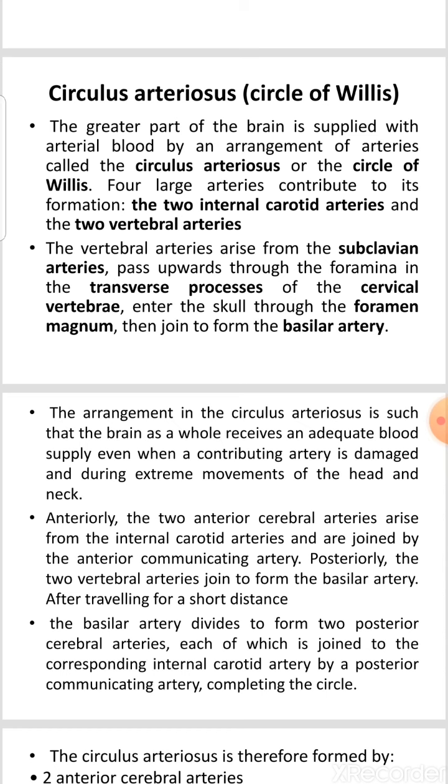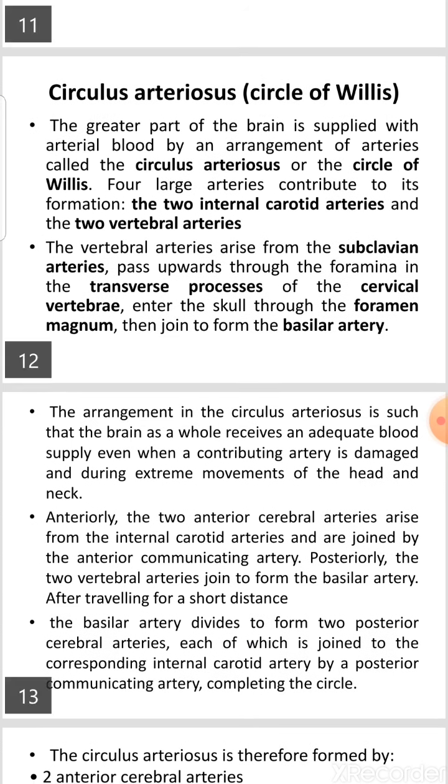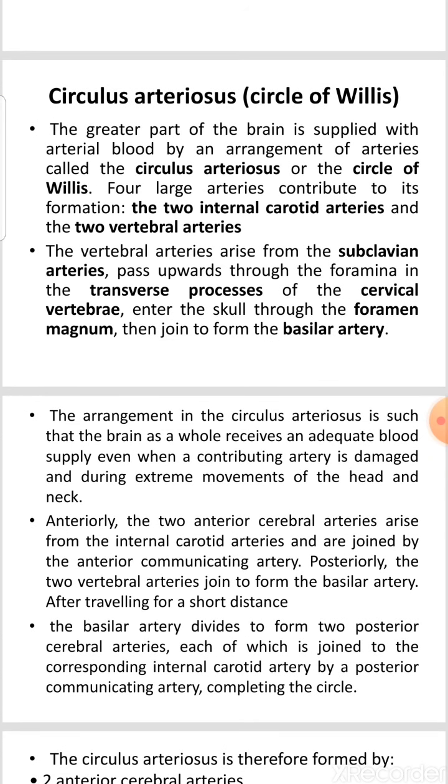We can see that the circle of Willis is formed by two interconnecting arterial sources, or we can say that there are two important systems involved in the formation of the circle of Willis. One system is formed by the internal carotid arteries, and the other system is formed by the vertebro-basilar system.